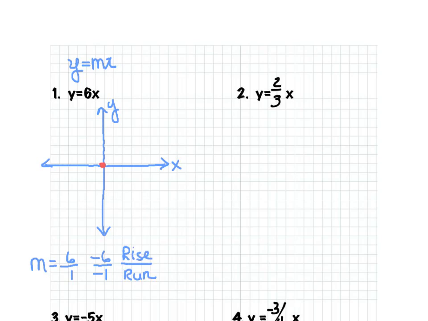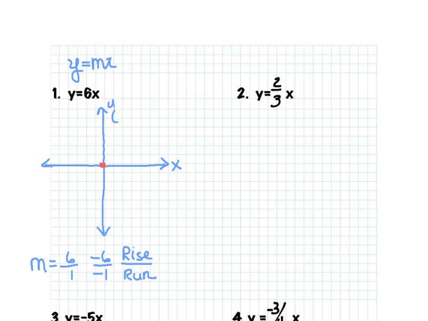And I'm going to show you how we're going to graph this equation. So starting at 0, 0, I'll place my stylus on 0, 0. I'm going to rise +6, so that means I'm going up 6. And I'm going to run 1. My y is in the way, so let me rewrite that where it goes.